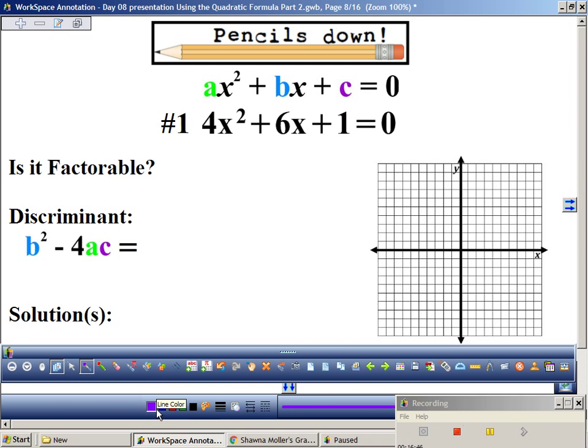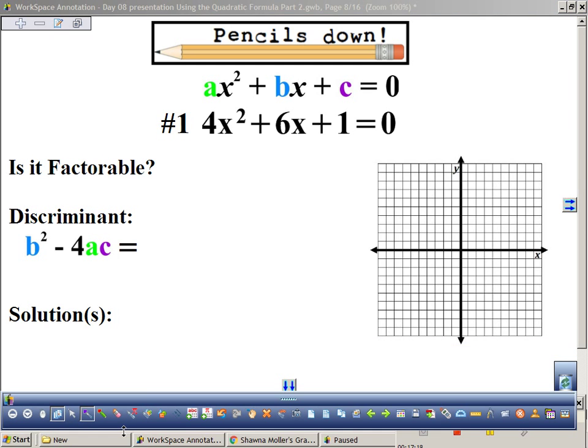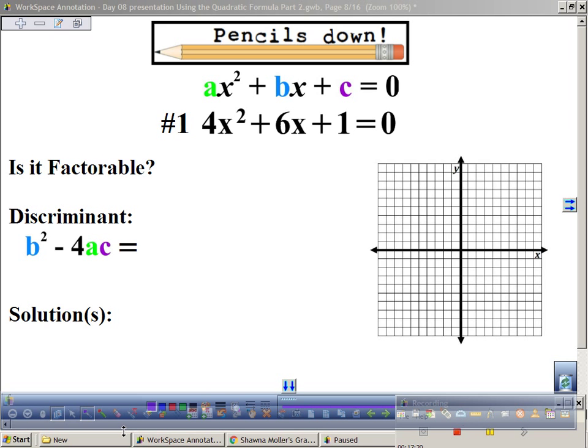Let's see. I think I'll make it purple. What do I know so far? Anything? I know my y-intercept. So at 0, 1, I've got a y-intercept.